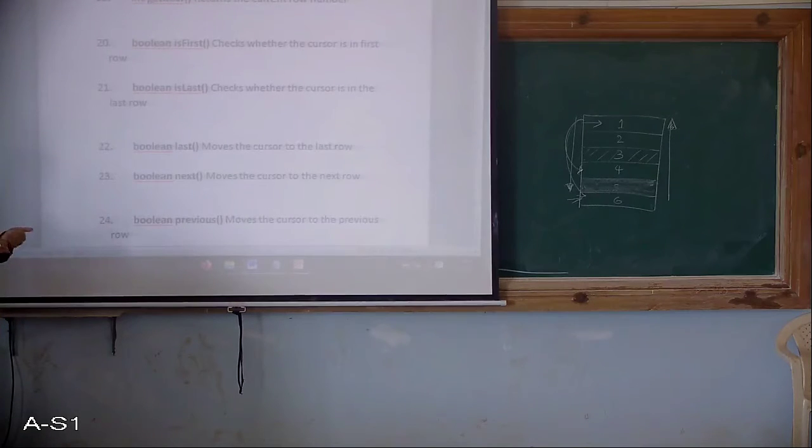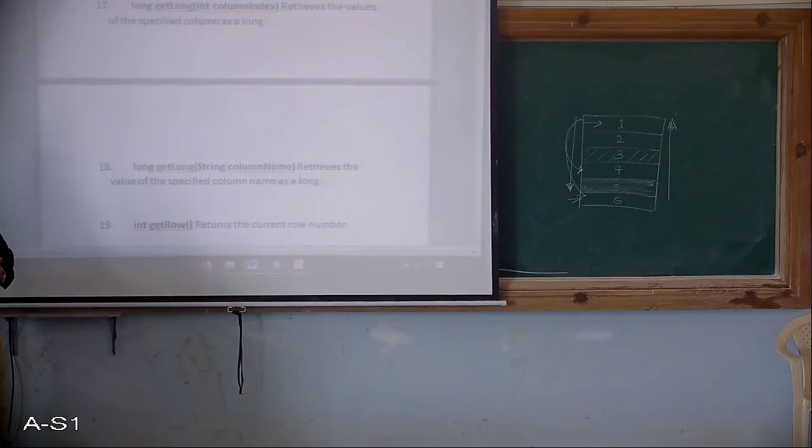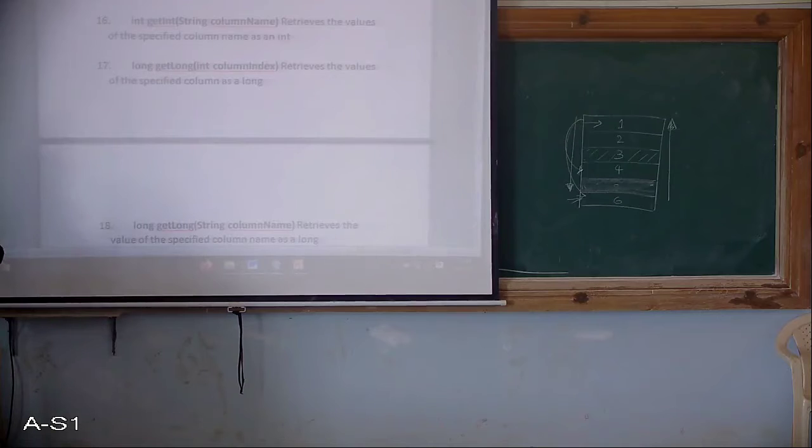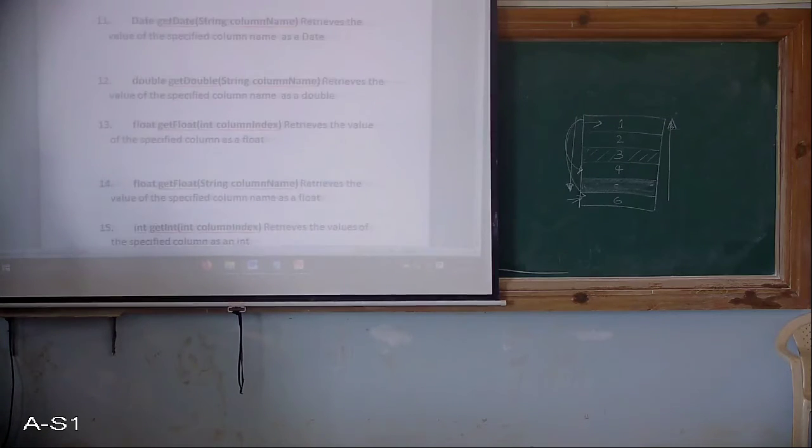So these are some of the different methods which can be accessed on your result set interface: previous, next, last, isLast, first, isFirst, get row, get column with column index and column name for the different data types that we have accessed.